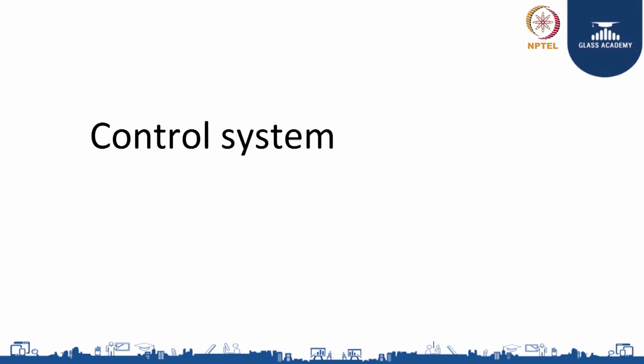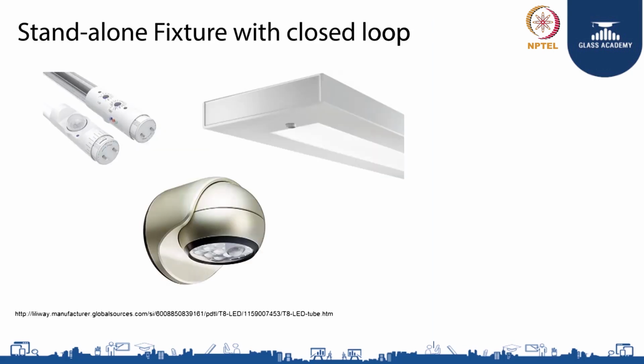Control system can be very simple. It can be as simple as a standalone fixture with a closed loop. Here you see a fixture with a sensor. This sensor can estimate the illuminance level, and it can also find out if the space is occupied or not. So if the space is occupied and the illuminance level is less, then it can switch on the artificial light and it can dim it till the right level is achieved.